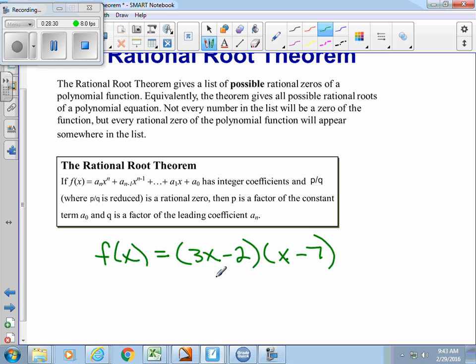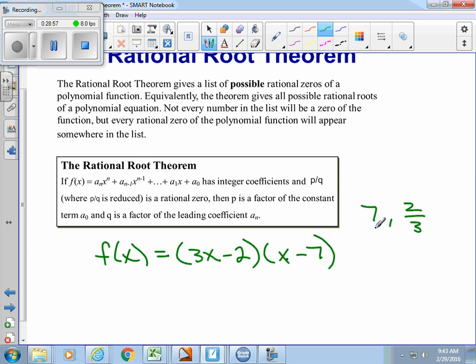You'd have to add the 2 and divide by 3. Everyone agree with that? 7 and 2/3 are the zeros? If I looked at the leading coefficient of this function, it would be 3x squared, and the constant would be 14. So I got 7, and I got 2/3.